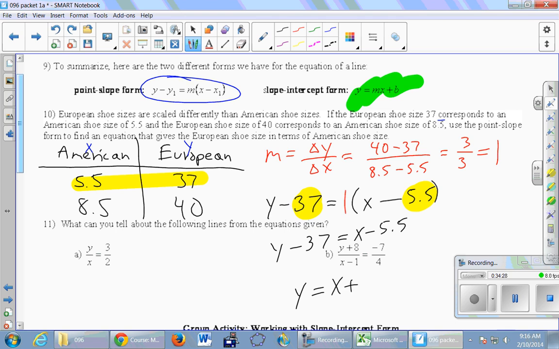What is that? 31.5? Am I right? And so there's the equation. The European y equals the American x plus 31.5.